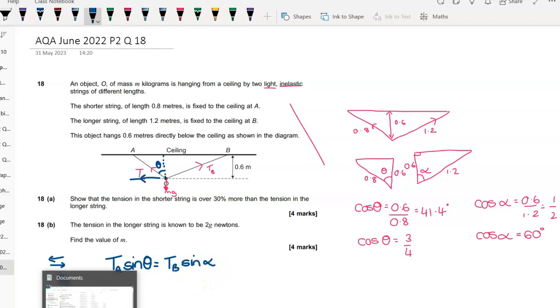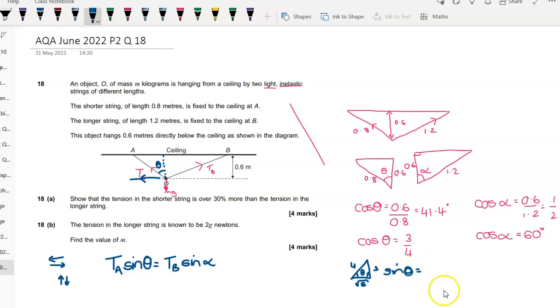Okay, so if we do the sine of theta, which was 41.4, we get 0.6613. You know what? I'm just going to do the cheeky little trick with right angles here. If cos of theta is 3/4, that means this is root 7. Okay, so sine theta. Because I want to keep my answers accurate, I'm just going to do it this way.